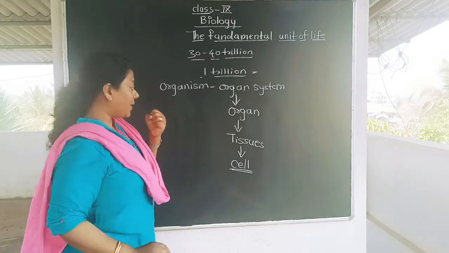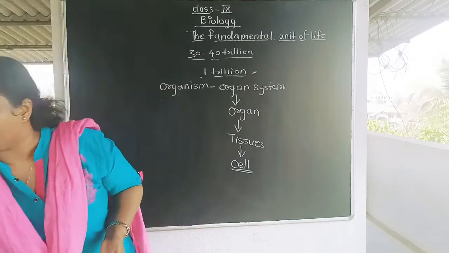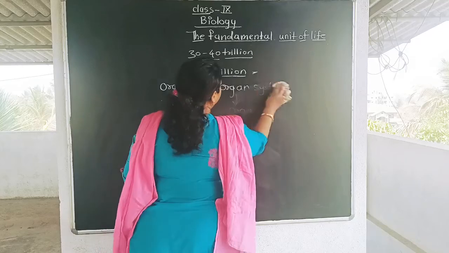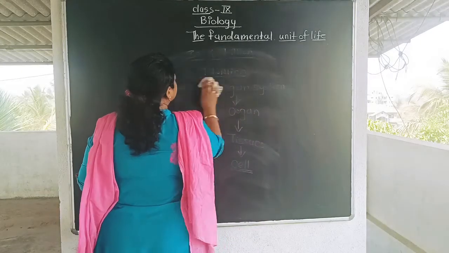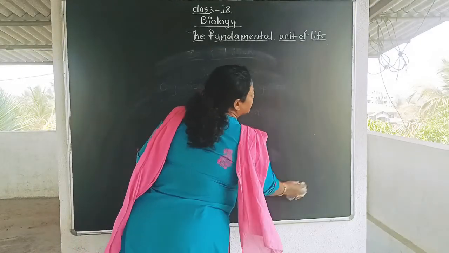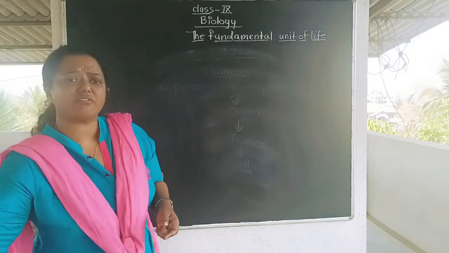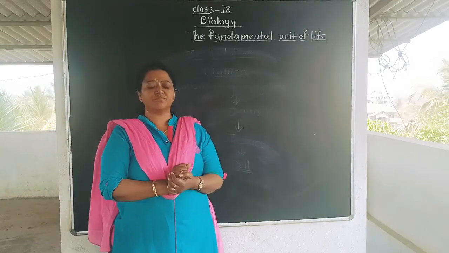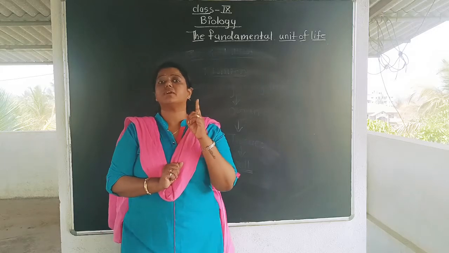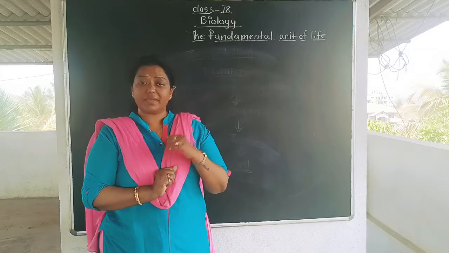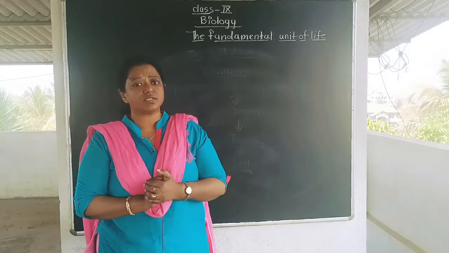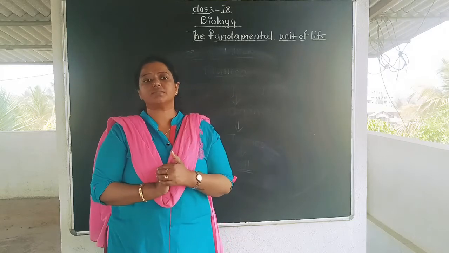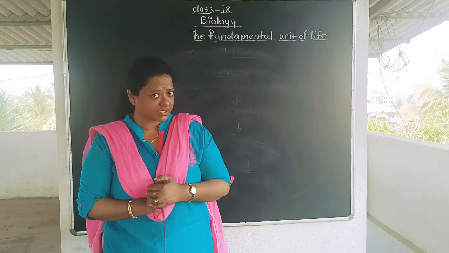Okay students, but one more important thing is that the shape and structure of the cell depend on the function it has to perform. There are various shapes of cells present in the human being. It's not that only one kind of cell is present, because various organ systems, like the respiratory system and digestive system, are present, and each organ system has to perform a specific function.